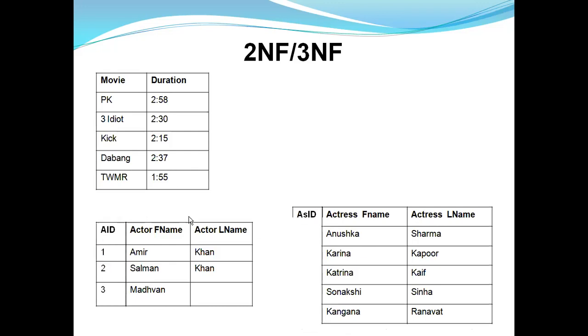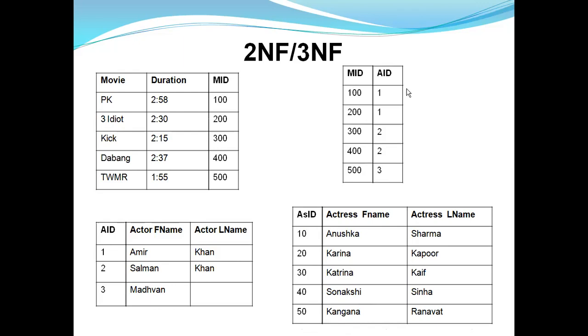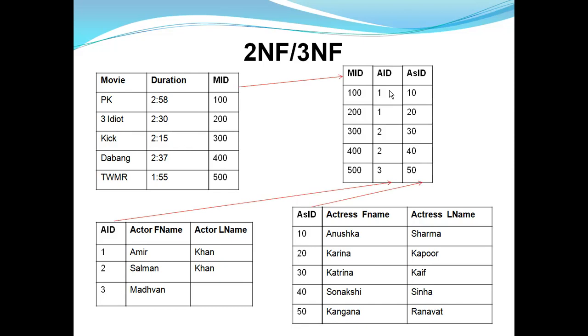Actor ID, actress ID, movie ID, and we create a third table. In that third table there will be movie ID, actor ID, and actress ID. Now, can we say all are related with the help of this table? Yes. So this is the final structure of the unnormalized structure.